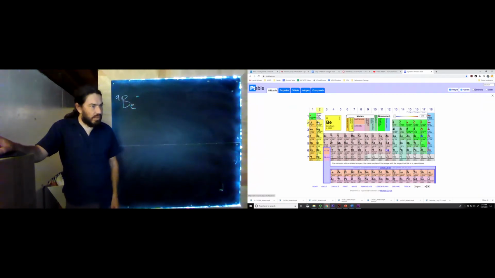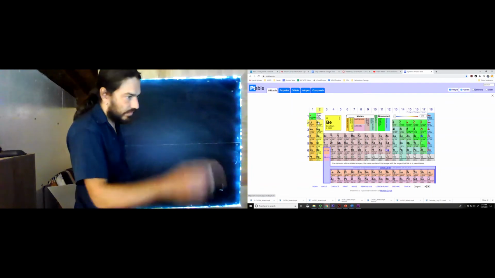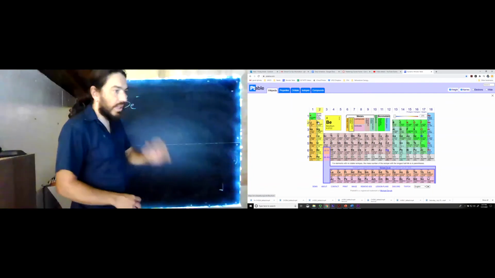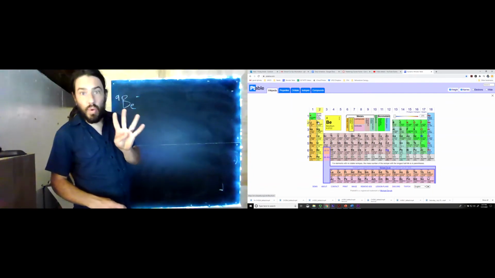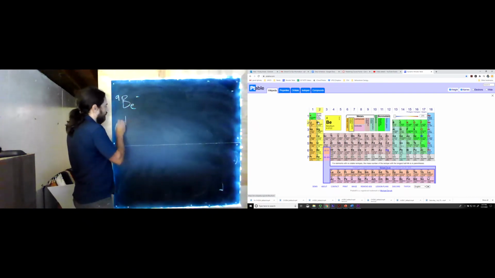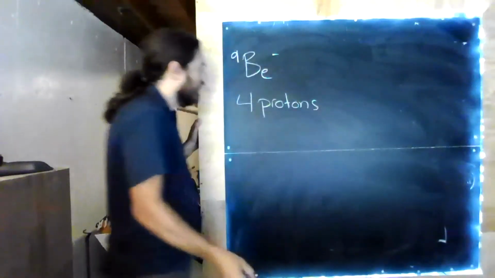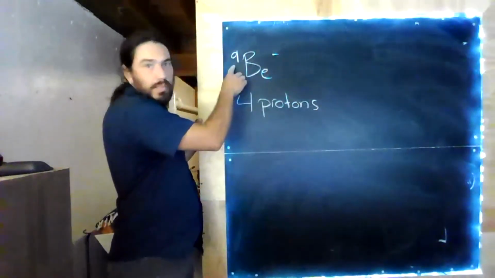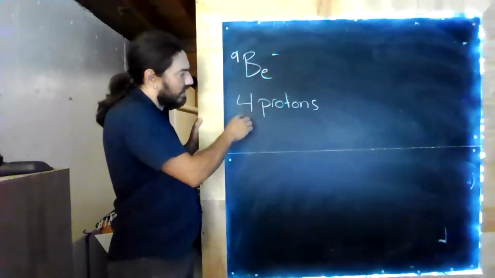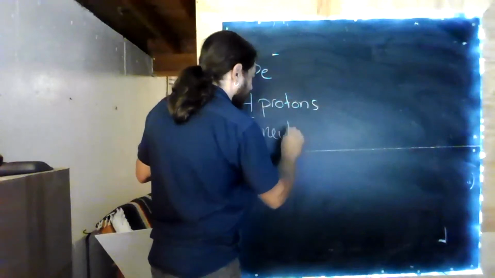We should find beryllium. Beryllium is right here. And we see that beryllium is element number 4. Therefore, it has 4 protons. It has a mass number of 9. 9 minus 4 is 5. It must have 5 neutrons.